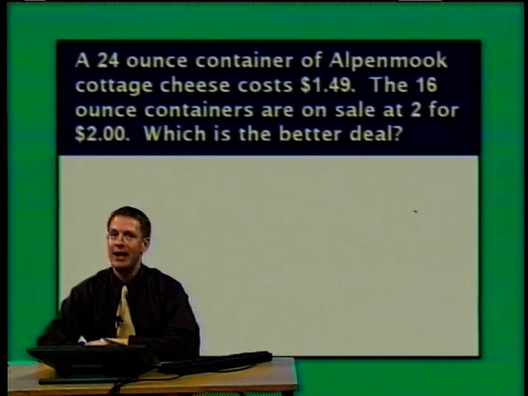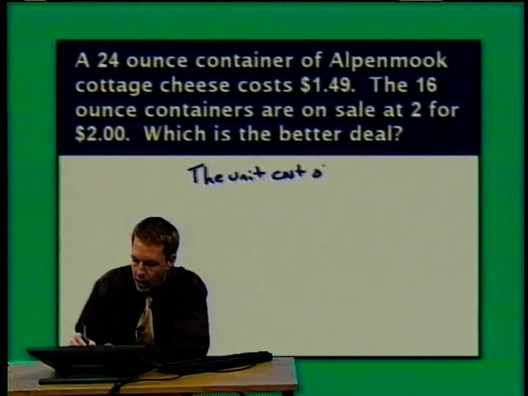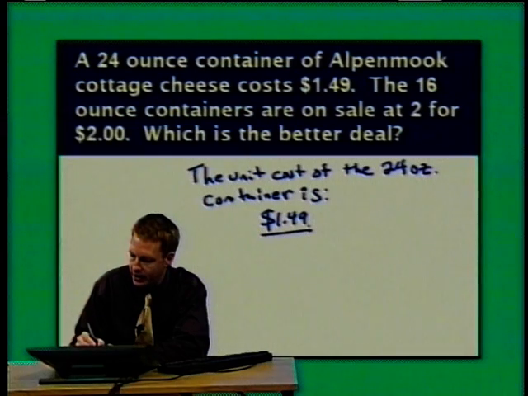Since the containers are being measured using ounces, our unit is going to be an ounce. We're going to figure out the cost of 1 ounce of each of the containers. So the unit cost of the 24-ounce container is, what I need to do is take the total cost, which is $1.49, and divide by the size of the container, which is 24 ounces.